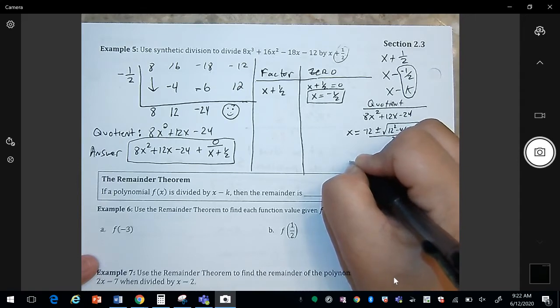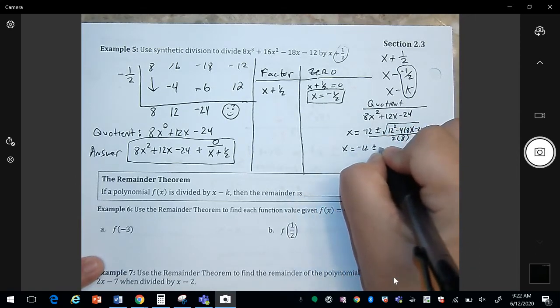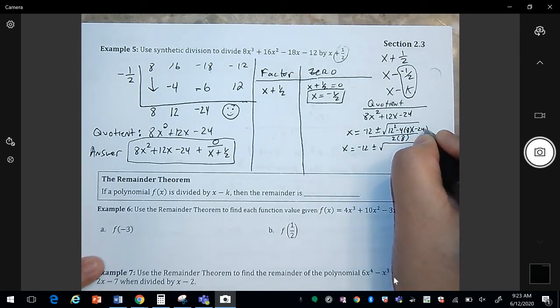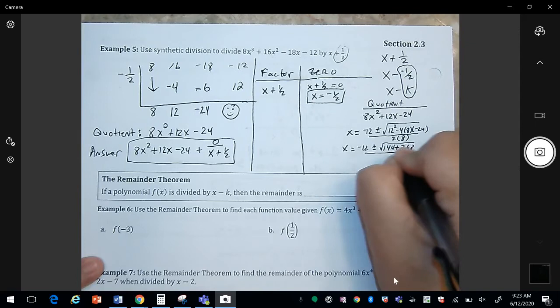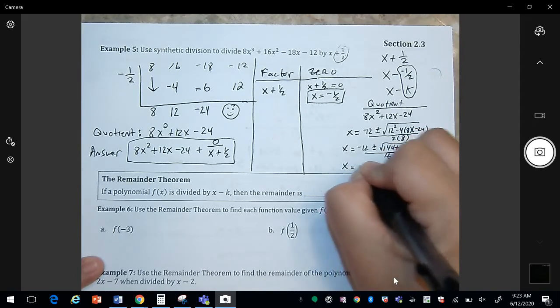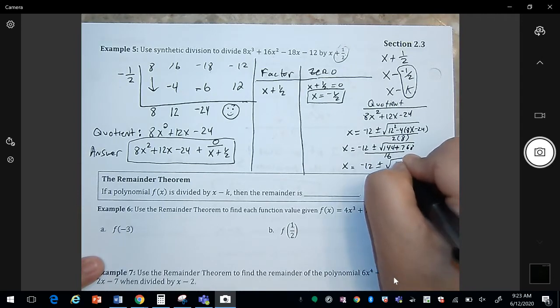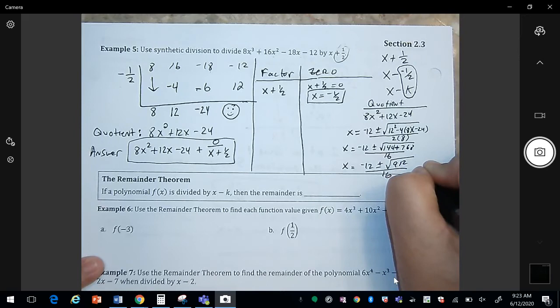So let's just simplify: negative 12 plus or minus the square root of 12 squared minus 4 times 8 times negative 12 gives us 144 plus 768, divided by 16. Negative 12 plus or minus the square root of 912 divided by 16.